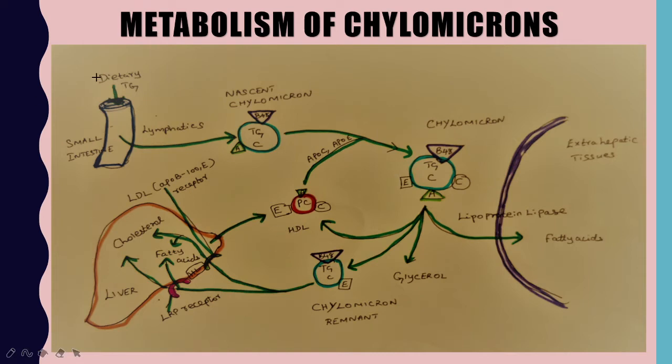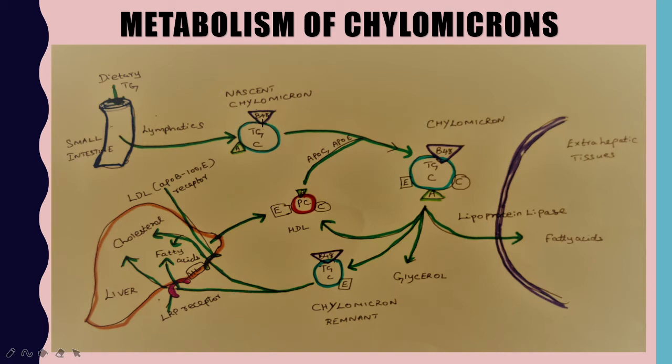First, after the absorption of dietary fat, the chylomicrons will be synthesized in the intestinal mucosal cells and formed as nascent chylomicron, or newly synthesized chylomicron.